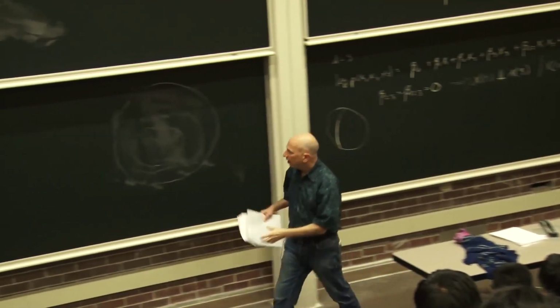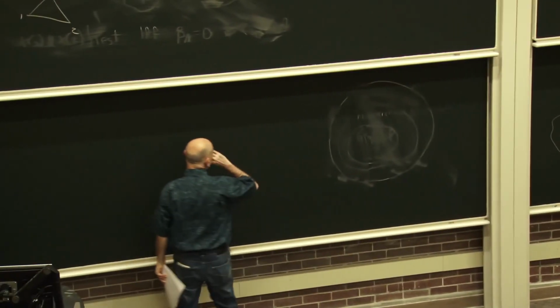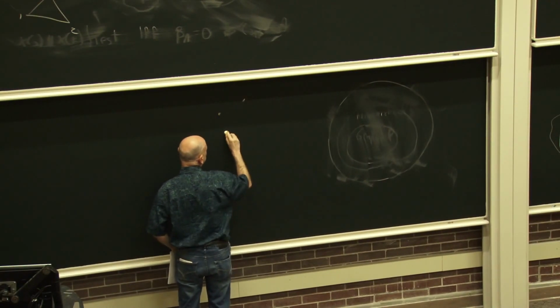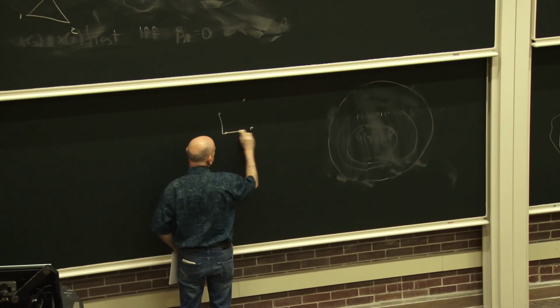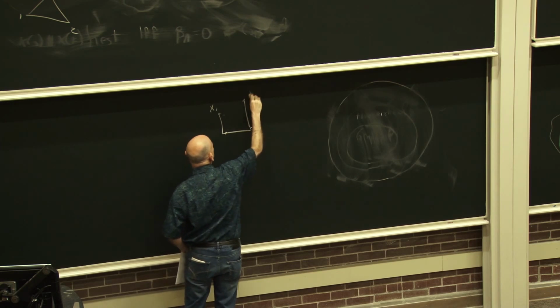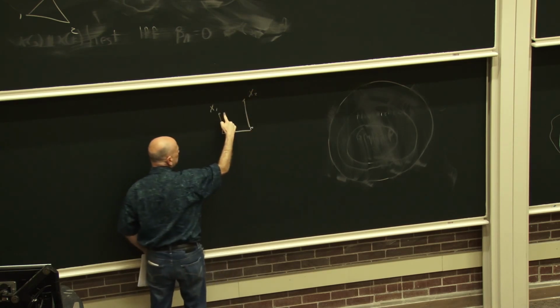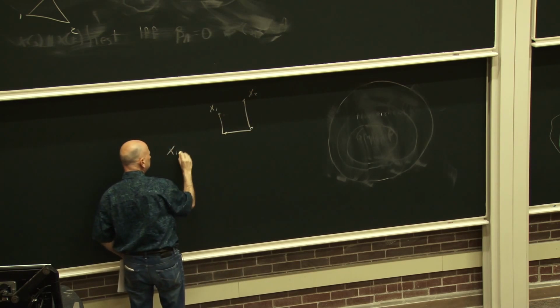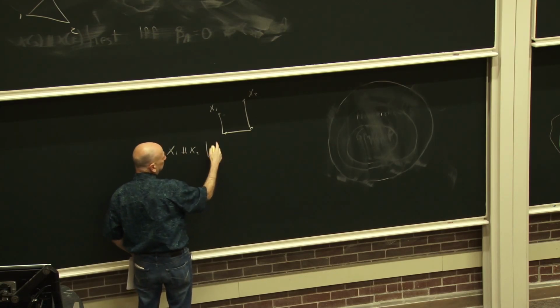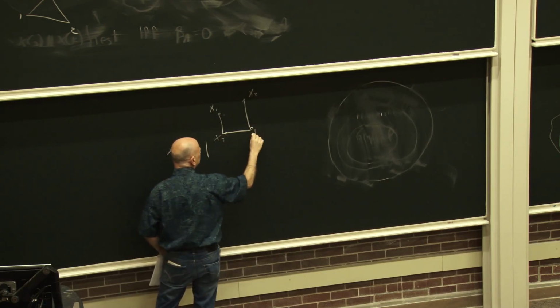Let's remember the way we're interpreting the graph: it's the missing edges that contain information. So if I have this graph, say x1 and x2, it's the missing edges. I'm saying that x1 and x2 are independent, conditional on the other variables, conditional on x3 and x4.